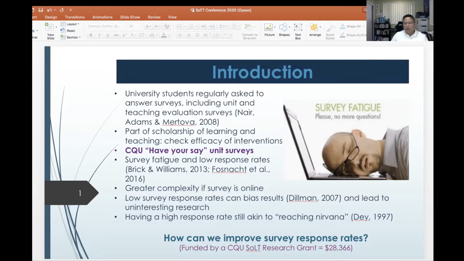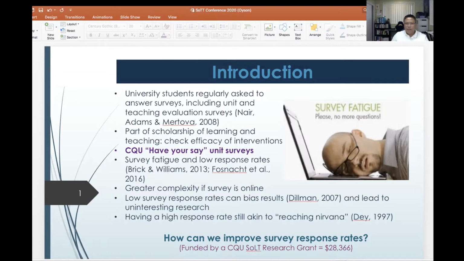And as we all know, a lot of us are often bombarded by surveys from all sorts of sectors, and so are our students. Not only do we get students to answer the term and Have Your Say unit surveys, we also have other interventions from across the university which ask students to answer different kinds of surveys.